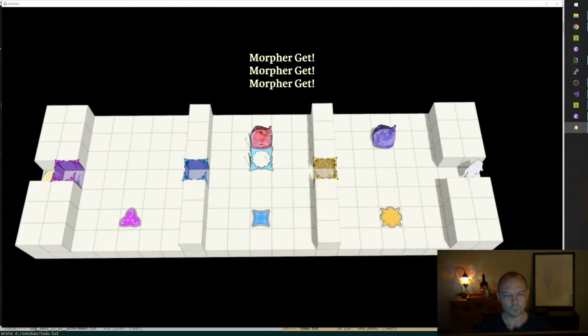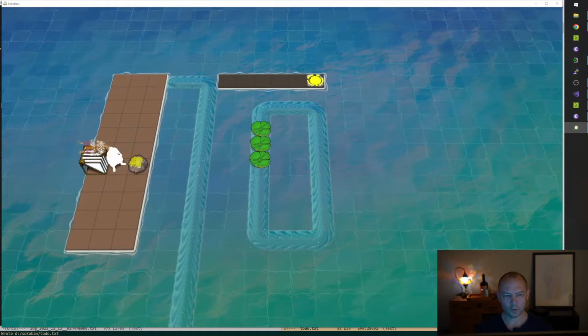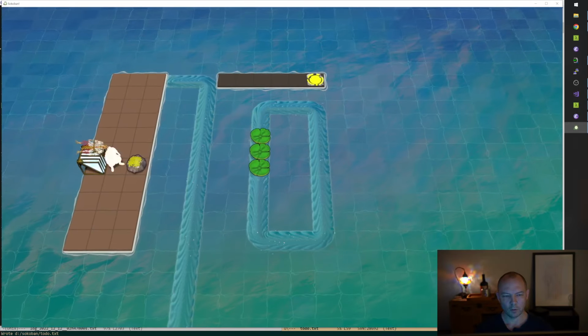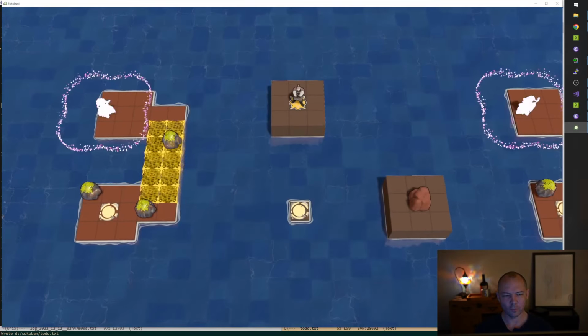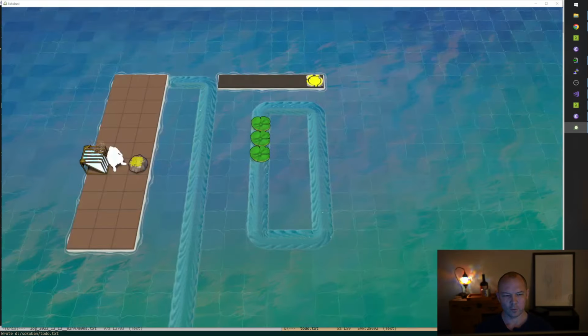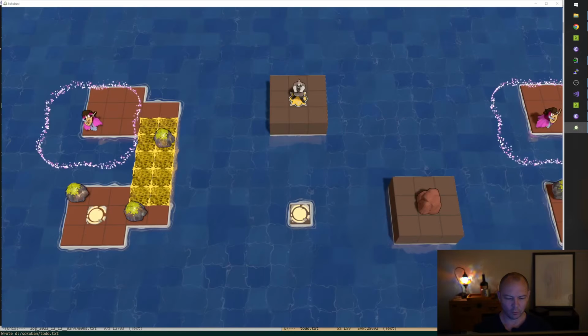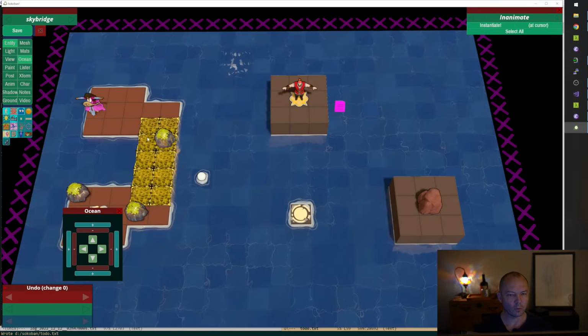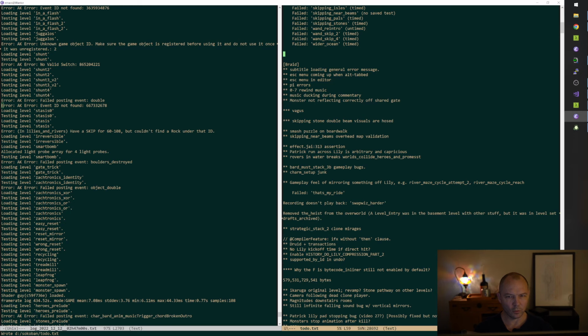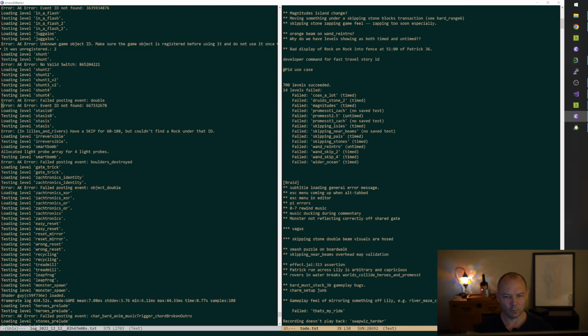This one looked wrong. I was watching this one, and it looked like it had that, or... Did you guys see that? I think it was this one, and it looked like there was solid land here. Did this one fail? What is this? Sky Bridge. Didn't fail. I don't know, guys.